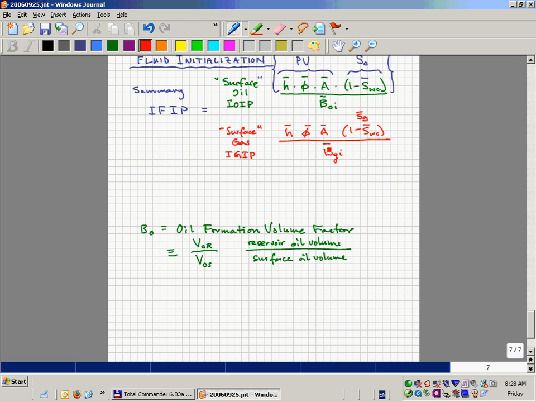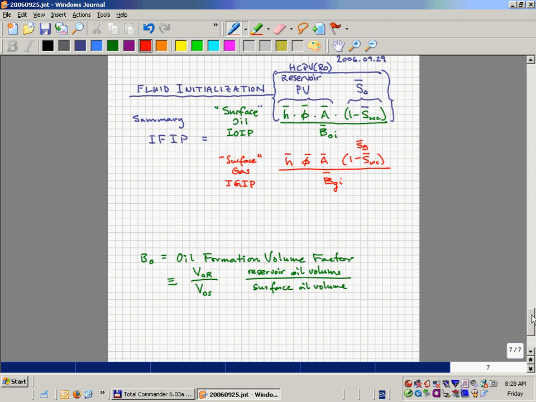And this also could be an average, although that usually is a fairly constant number. This term here is the hydrocarbon pore volume of reservoir gas.